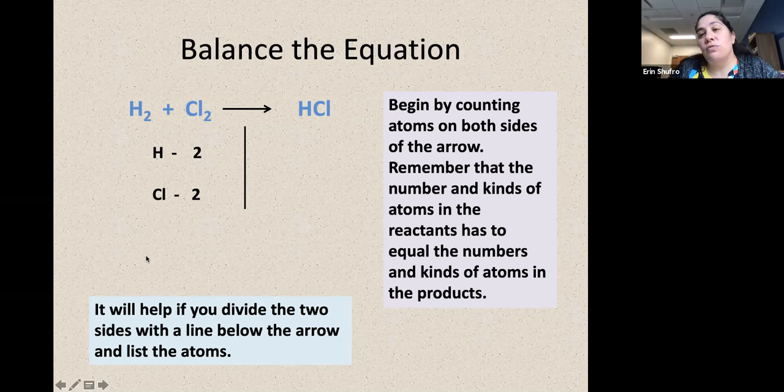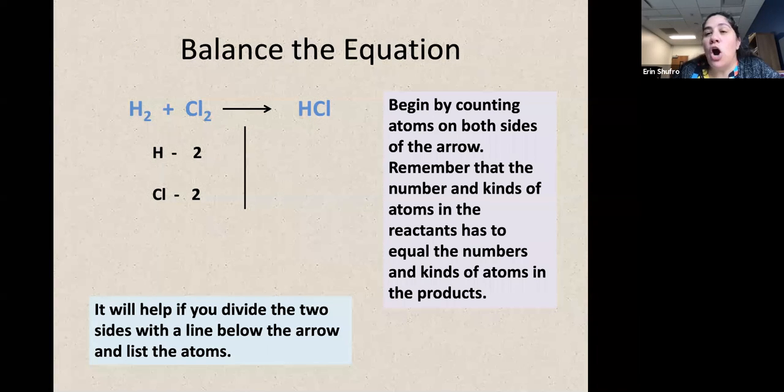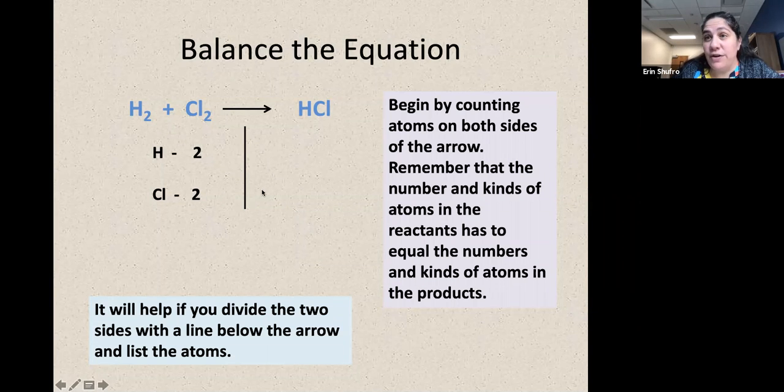Now I want to look at the right-hand side. You should always write the right-hand side in the same order that you wrote the left-hand side, so you can look back and forth across and see if they're the same. Writing them in the same order, we can now see that on the left, we have two hydrogens. On the right, we have one.